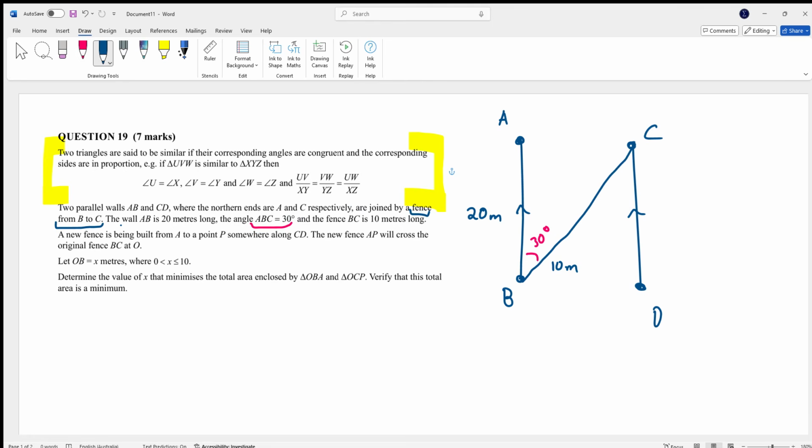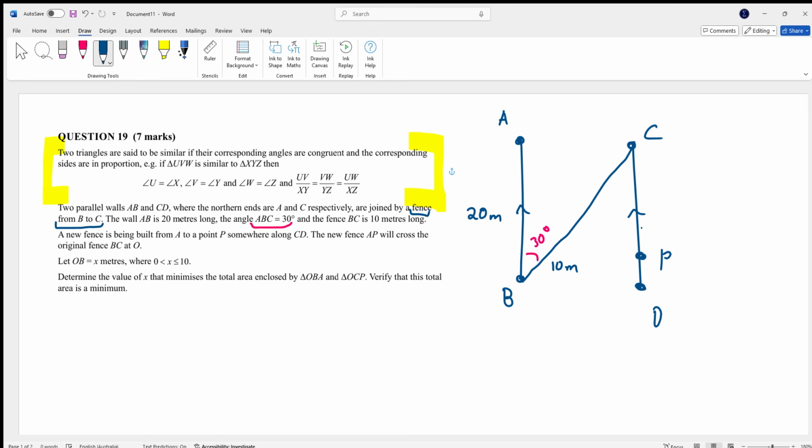Now they said a new fence is being built from A to a point P, which is somewhere along CD. The new fence AP will cross the original fence BC at O. So what that pretty much means is I'm just going to draw a point P here.